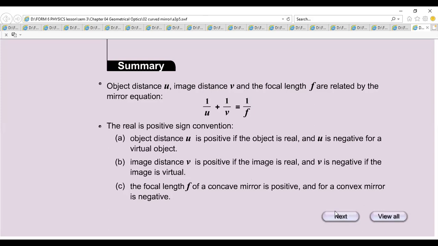Image distance V is positive if the image is real, and V is negative if the image is virtual. Next, F, the focal length, of a concave mirror is positive, and for a convex mirror is negative.